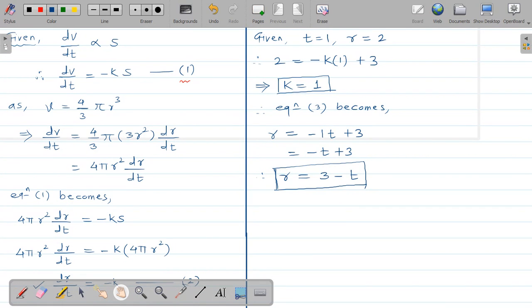Okay. So here the expression for the radius of the raindrop at any time t is r is equal to 3 minus t.